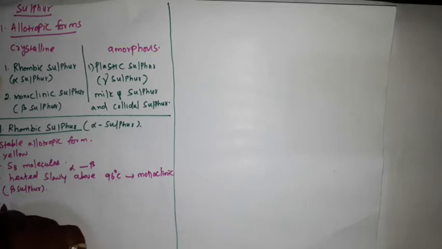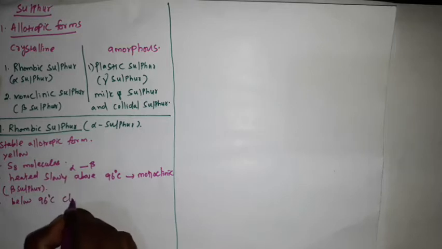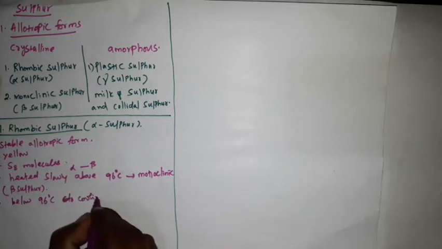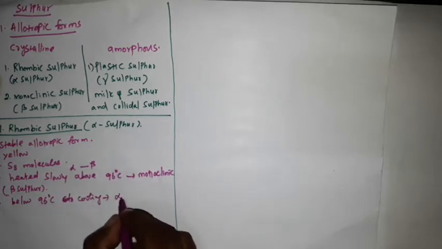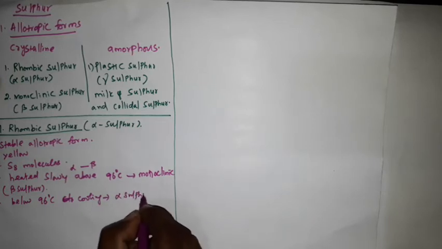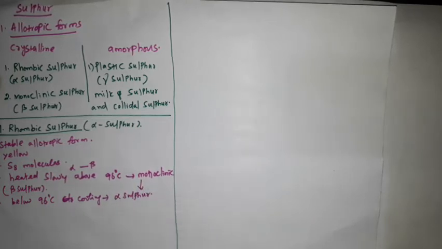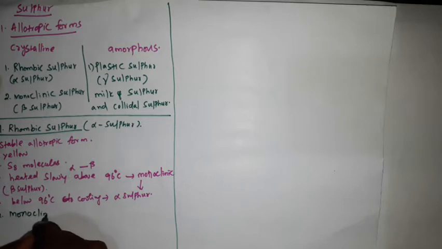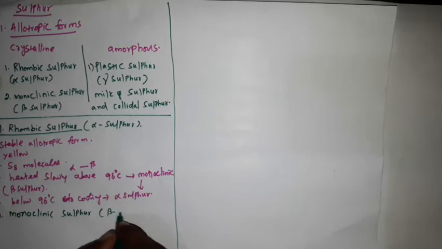Then when it cools below 96 degrees Celsius, it will convert back to alpha sulfur. So this monoclinic will be converted to rhombic sulfur. Okay. So the second type is monoclinic sulfur, that is called beta sulfur.